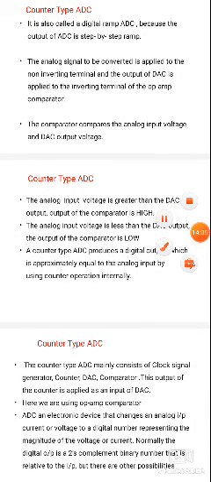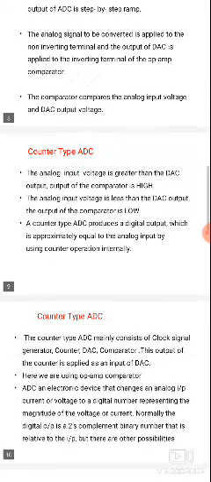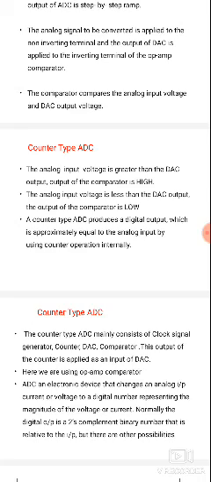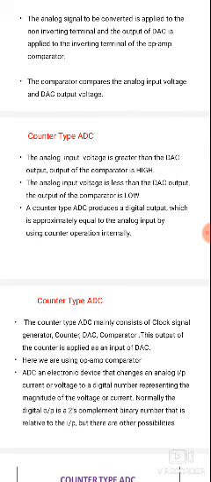The analog signal to be converted is applied to the non-inverting terminal, and the output of the DAC is applied to the inverting terminal of the op-amp comparator. So the analog signal is applied to the non-inverting terminal and the digital to analog converter output is applied to the inverting terminal of the op-amp. The op-amp consists of two inputs, an inverting input and a non-inverting input.